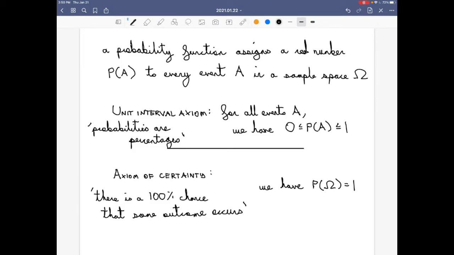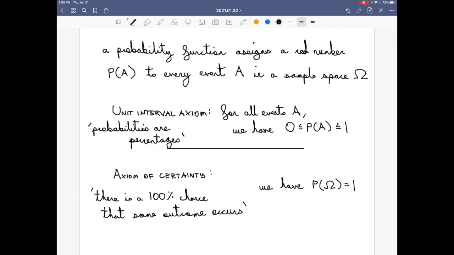Okay, so now that we have the construction of events within sample spaces, we can introduce the real mathematical content of the formalism we're describing. This is what's called a probability function.